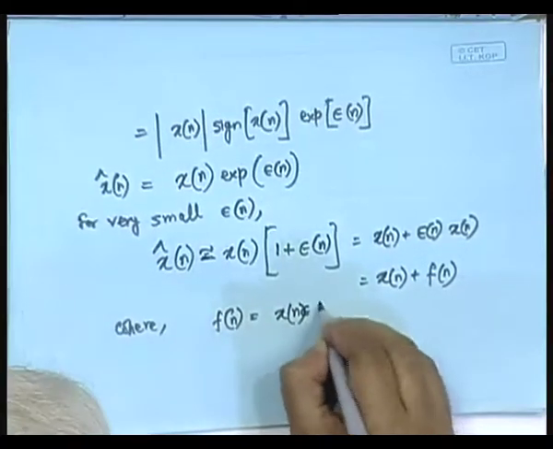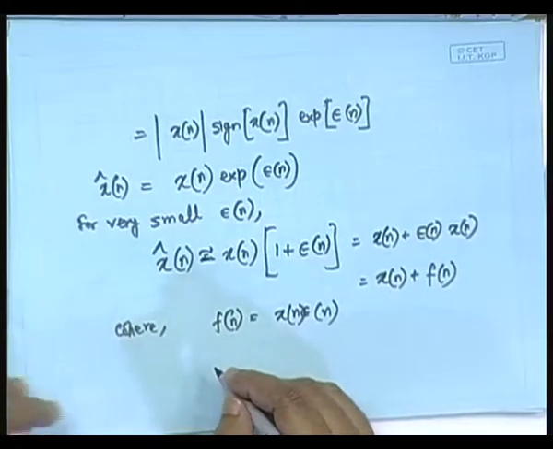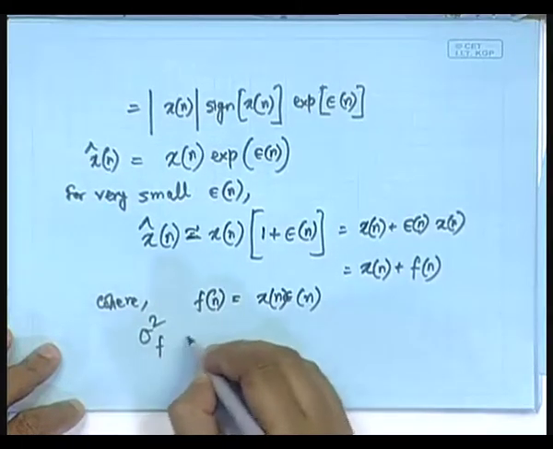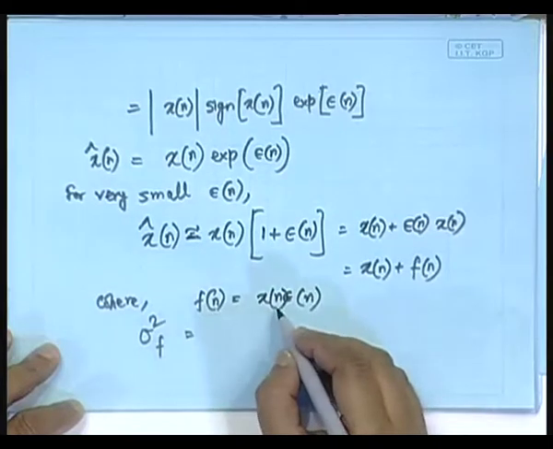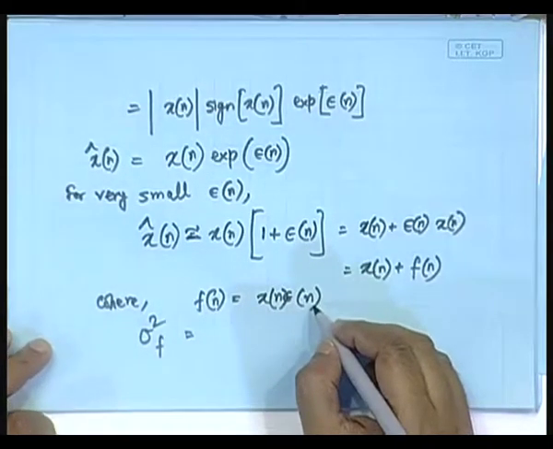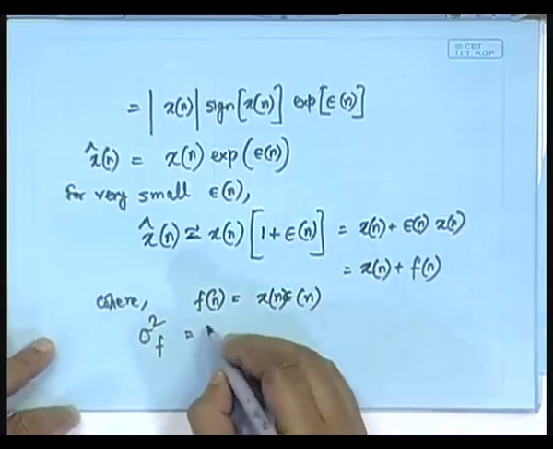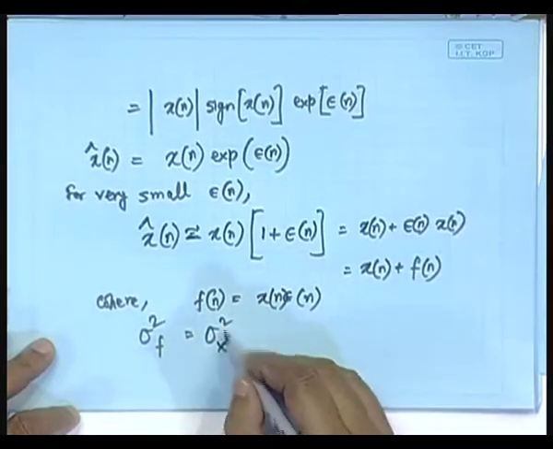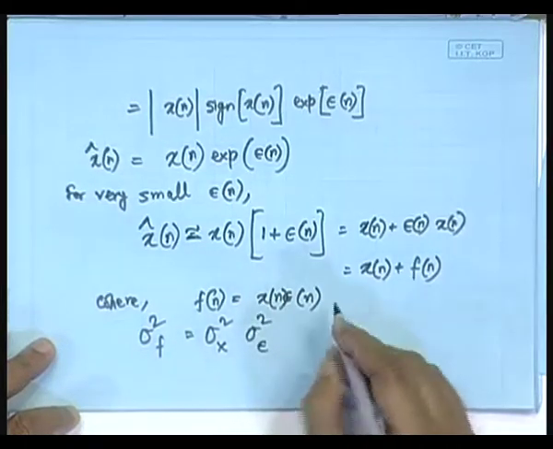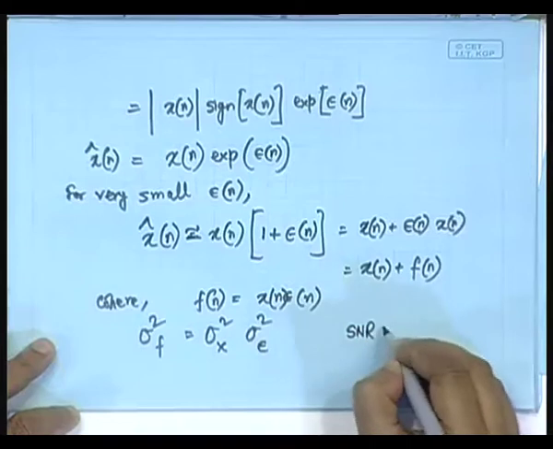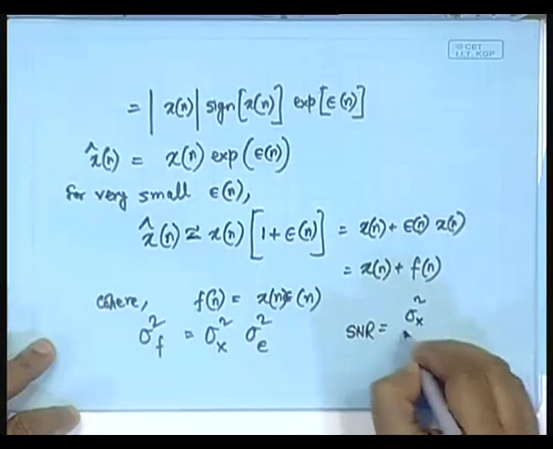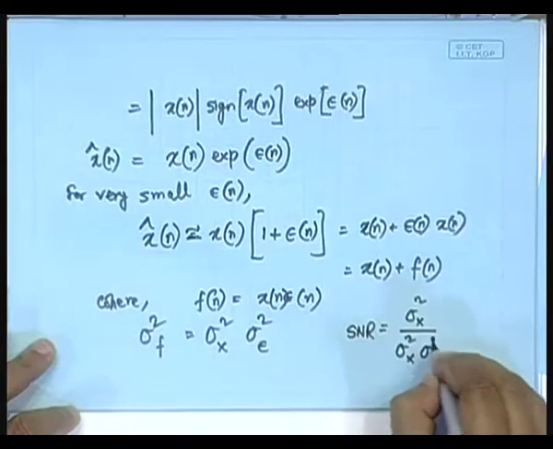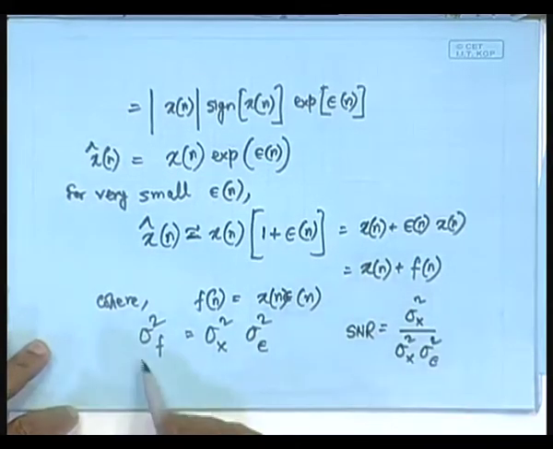Since x n and epsilon n are assumed to be independent, f n is nothing but the product of x n and epsilon n, and if the noise and the signal are uncorrelated, which we are assuming, then the variance of f, that is the product, is sigma square x into sigma square epsilon. So the signal to noise ratio will be sigma square x divided by sigma square f.